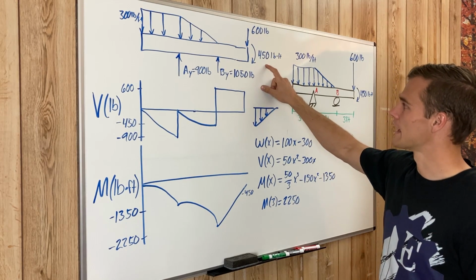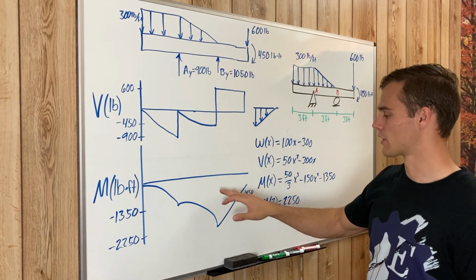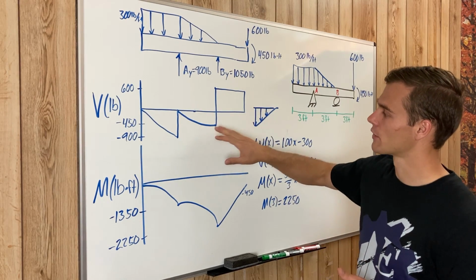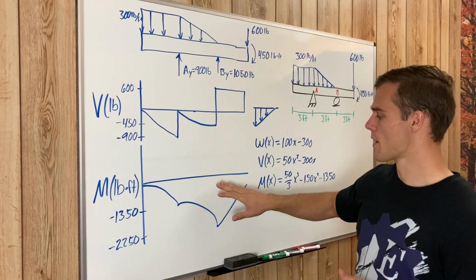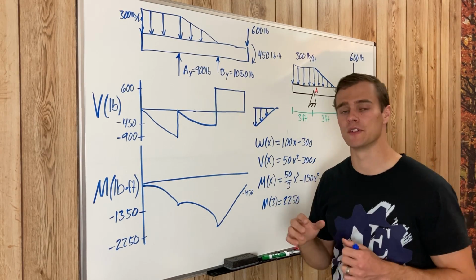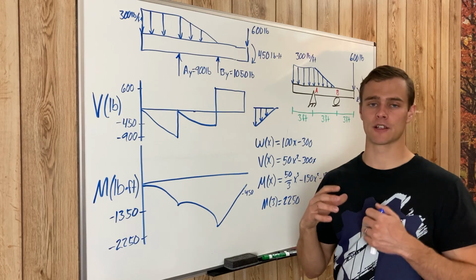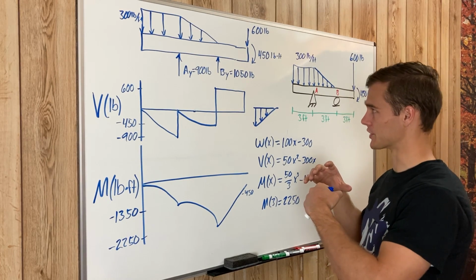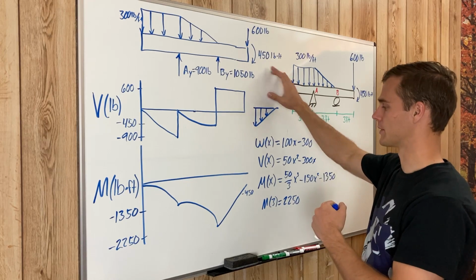Well, this is an external force, but we are drawing our internal forces, our internal shear forces and our internal bending moments. And so our internal moments have to resist the external moments. So the internal forces in the beam are going to be pushing in the opposite direction of this one.